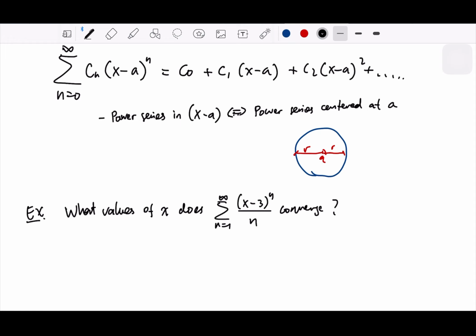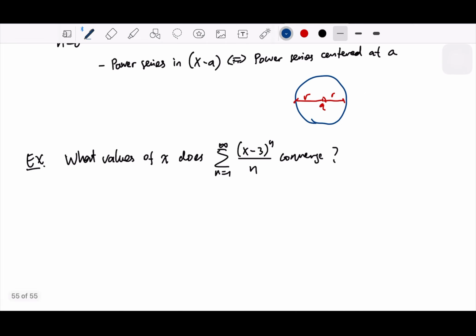To determine the values of x, usually in the power series, we are going to use the ratio test, the ratio test that we did in the previous lectures. So we check the a n plus 1 and a n. We check the ratio.